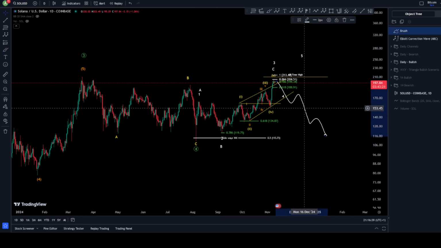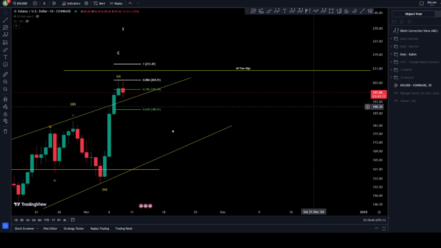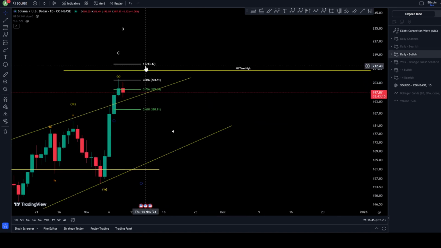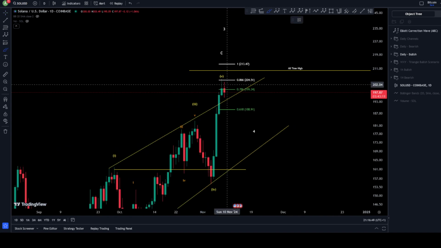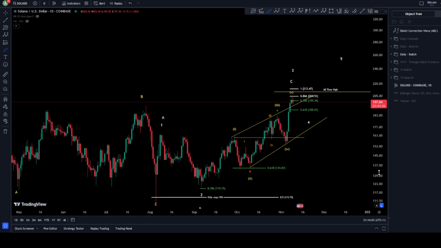So preferably, as I mentioned in the last video for Solana, we take this high here at 213, because taking this high is going to invalidate this diagonal.